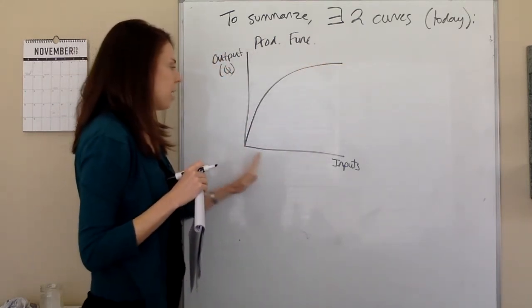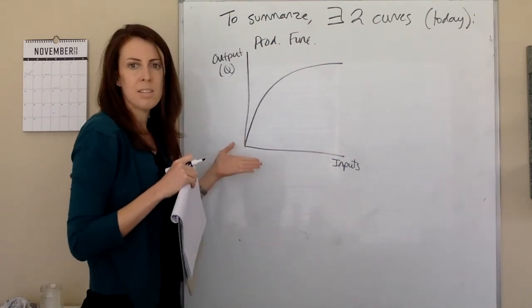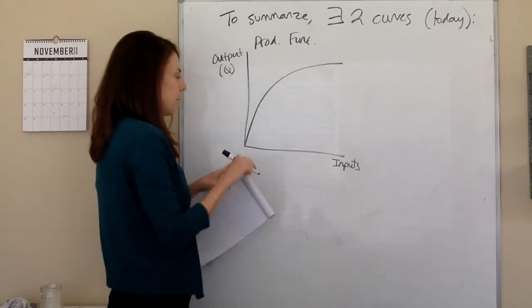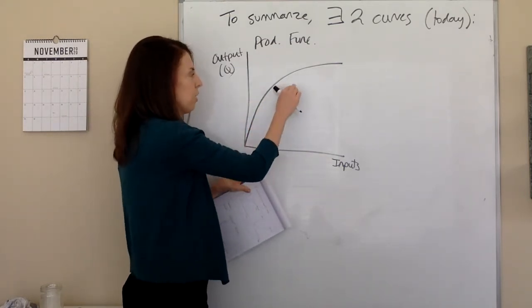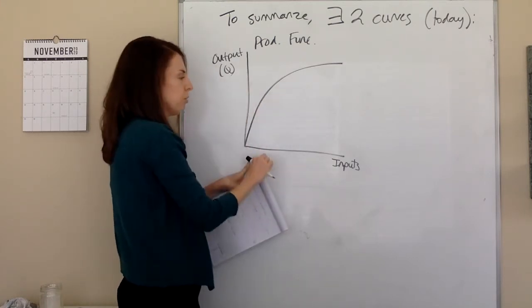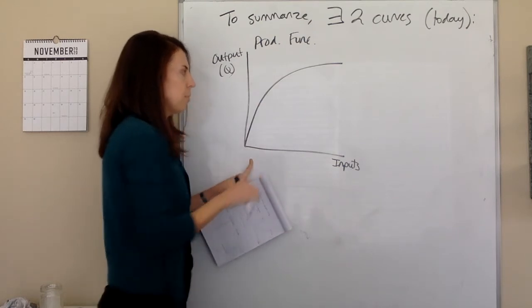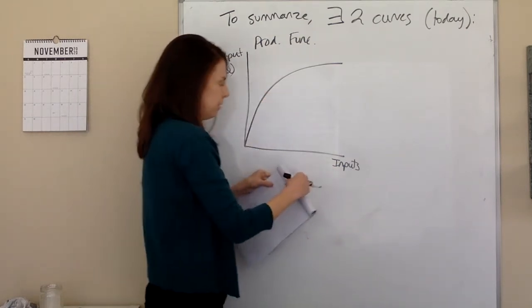The idea is as you hire more workers, each worker contributes less than the one before. So if you hire one more worker, you get more output, but the more and more workers you hire, the smaller the vertical nudge that you get from that 1 unit increase in the input. And again, the slope of this is the marginal product of the input.